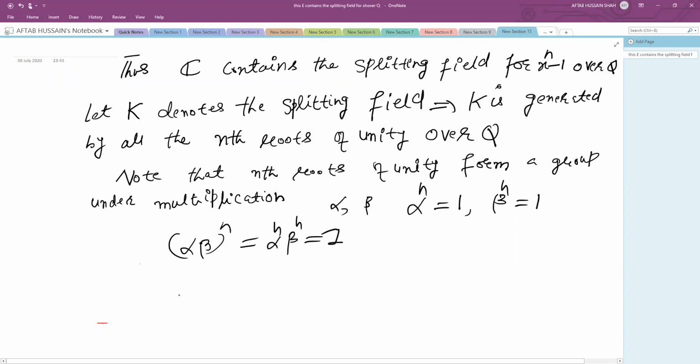And this group is cyclic. Why is this group cyclic?